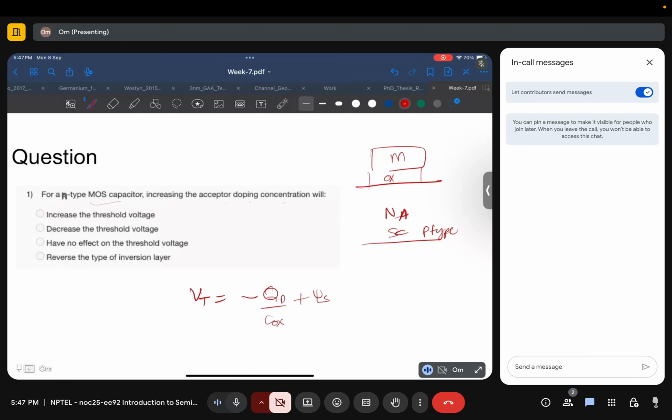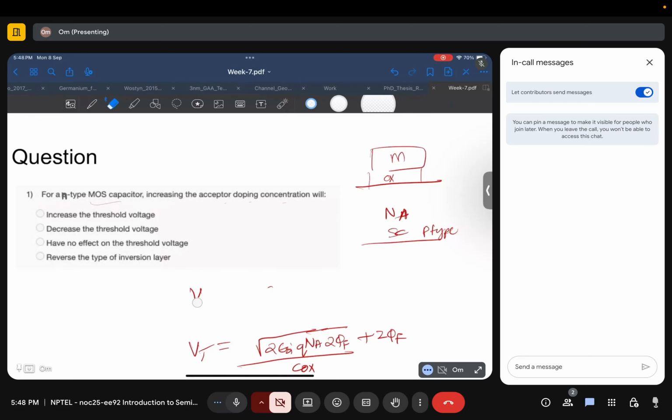So here it will be root of 2 epsilon Si q Na times 2 phi f, plus 2 phi f, upon Cox, right? So this is your threshold voltage. Let me just erase this to avoid confusion.